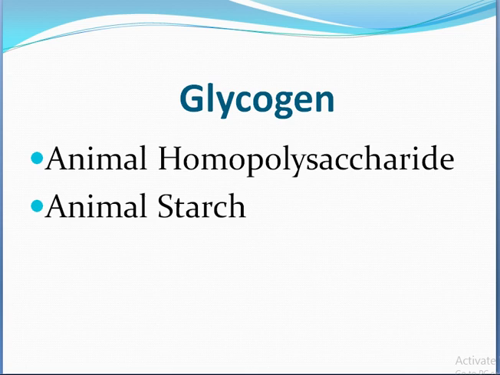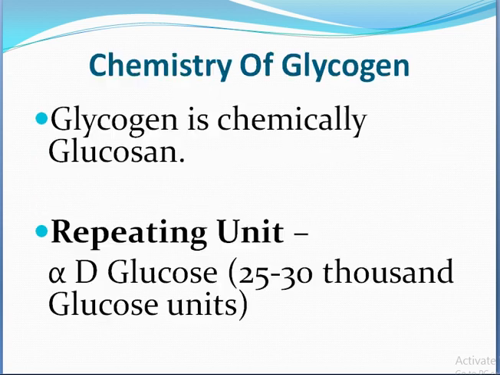We move forward. This is the chemistry of glycogen. Glycogen is chemically made of repeating units of alpha D-glucose, with 20 to 30,000 glucose units.